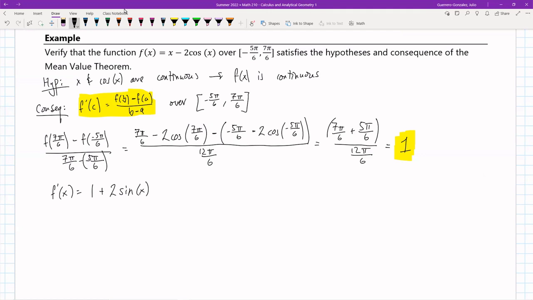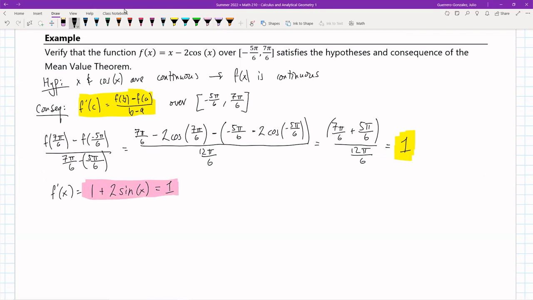And we want this equal to 1. That is sort of like the consequence of the mean value theorem. So we get to solve this out.